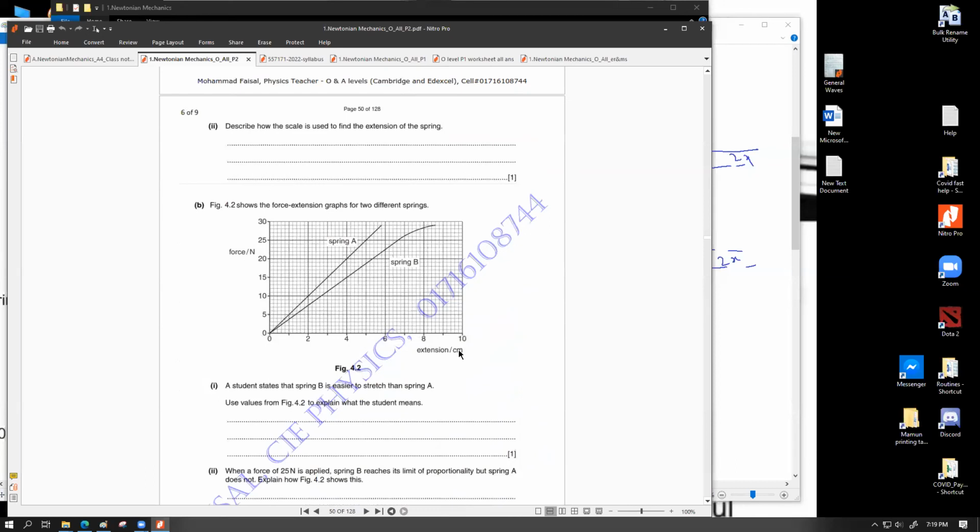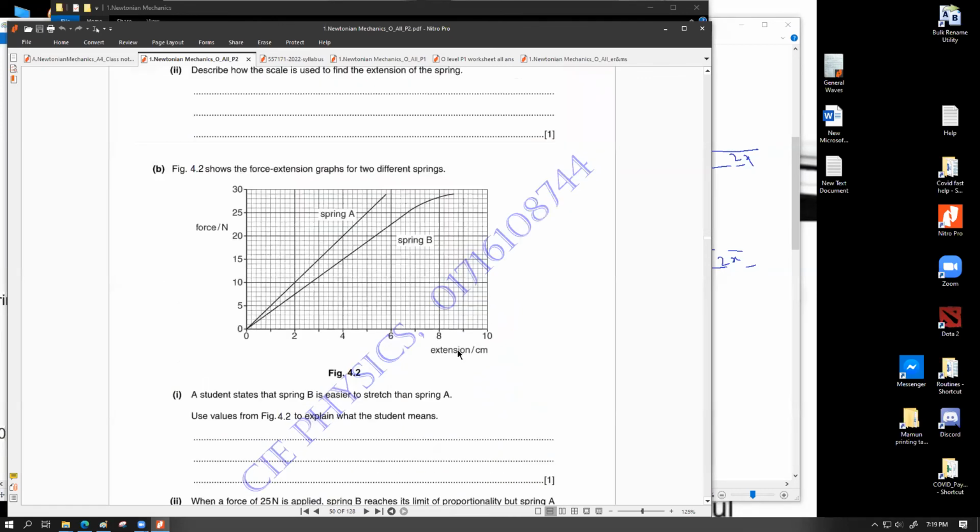Part B, figure 4.2 shows the force-extension graphs for 2 different springs. Let me enlarge it a bit. Okay. A student states that spring B is easier to stretch than spring A. Use values from figure 4.2 to explain what the student means.